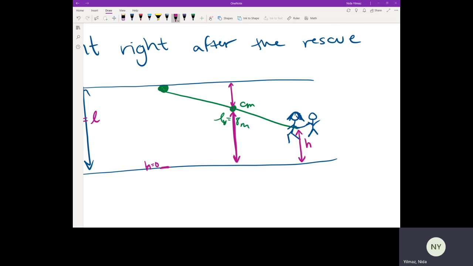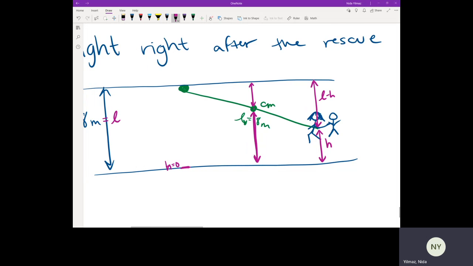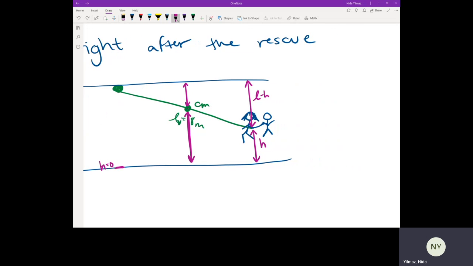To do that, we need to figure out this amount here, which is going to be L minus H, right? Because we've defined this whole length as L. Then to get this point, because it's at the center and it's supposed to be a perfect diagonal, this here is L minus H over 2.